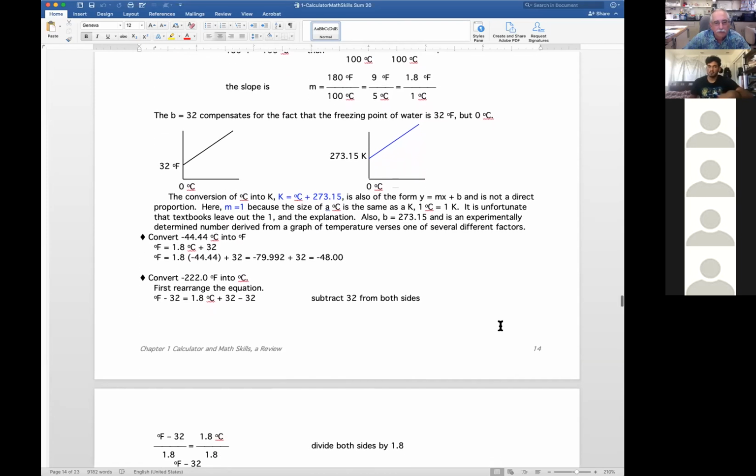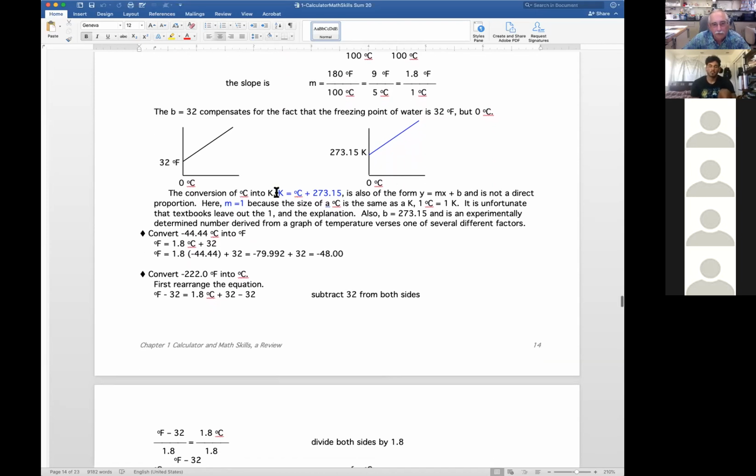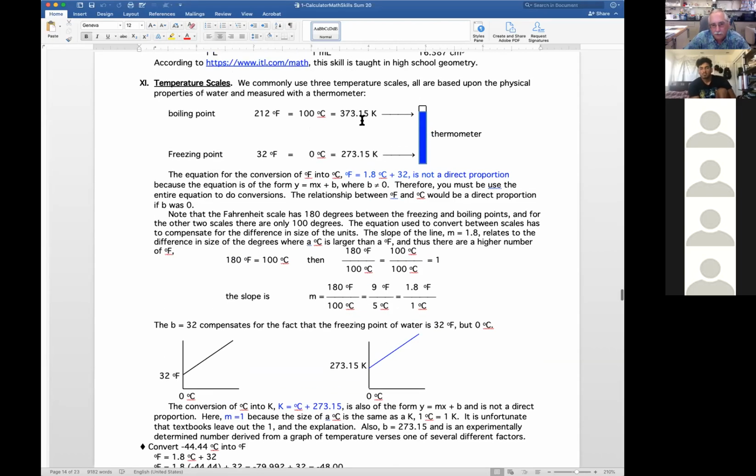So here's the equation for converting between Kelvin and centigrade. Look at the way they write it right here. If you're thinking, okay, it's a straight line, so here's y is equal to mx plus b, I can see that this is b right here, but where the heck is m? They simply left it out. If you go back up here, you'll see that the size of a Kelvin is the same as the size of a Celsius.